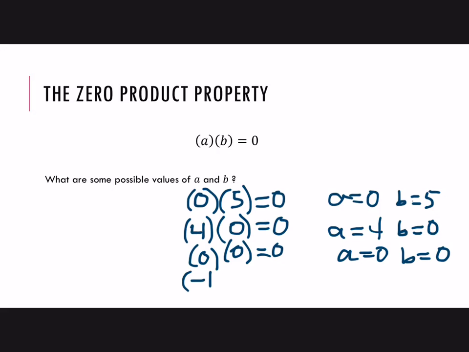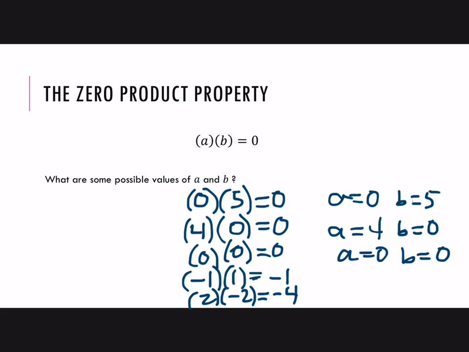Like -1 times +1, that's -1, not 0. Some people do positives and negatives, 2 and -2. If you add, that's 0, but when you multiply, you'll never get an answer that's not 0. So here's what the zero product property says.